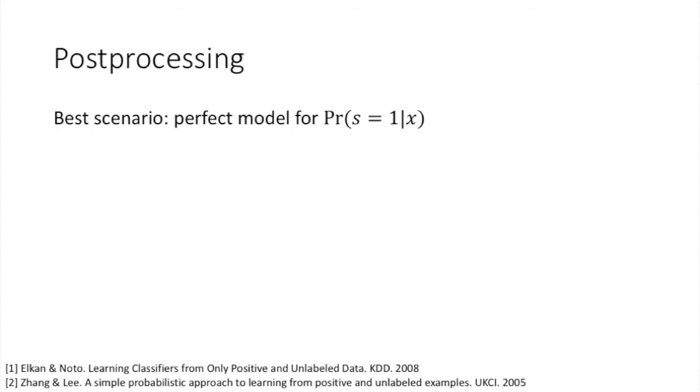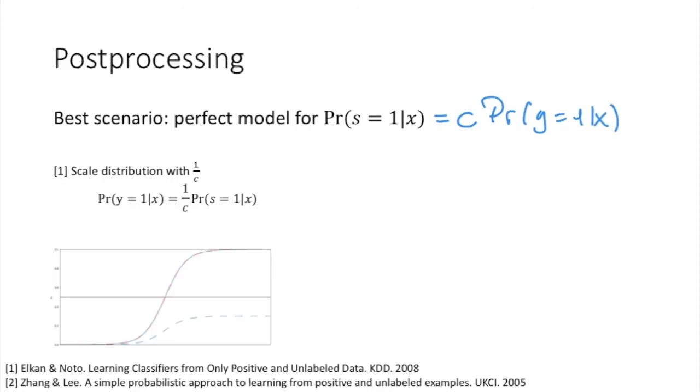Here, we first learn a model to predict the probability for an example to be labeled. Of course, these methods are going to work best when we have a perfect model for this. So let's first look at the scenario where we actually know the exact probabilities for each example to be labeled, which is of course equal to the labeling frequency times the probability for each example to be positive. From this, it follows directly that the first thing that we could do is to just scale the distribution.